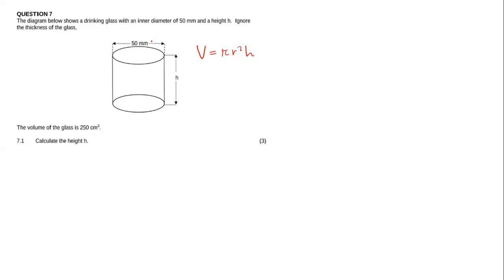Rather, we are provided with a diameter, so we're going to convert diameter into radius. The volume is provided to be 250. But be careful of your units. Here it's cubic centimeters, and in here it's millimeters. So I can easily convert millimeters into centimeters, and then I'll be good to go.